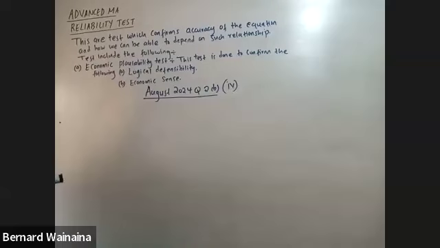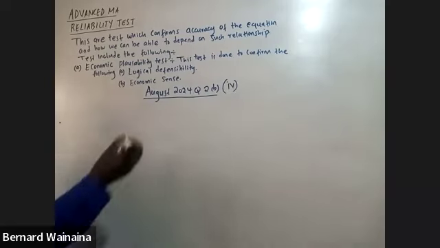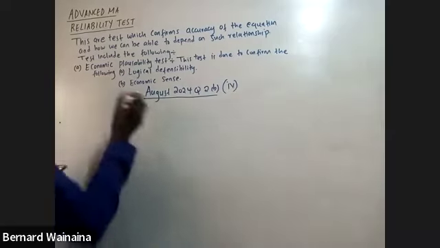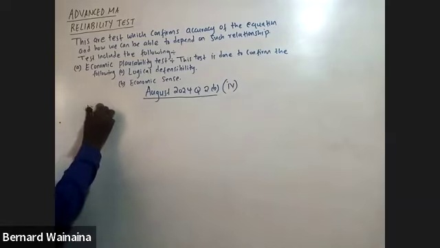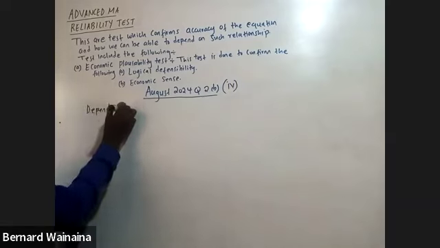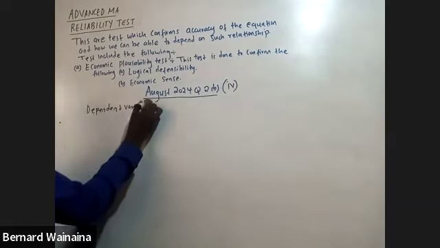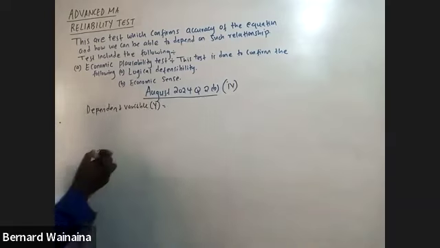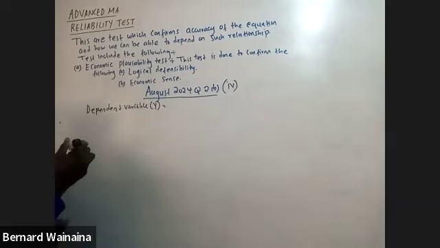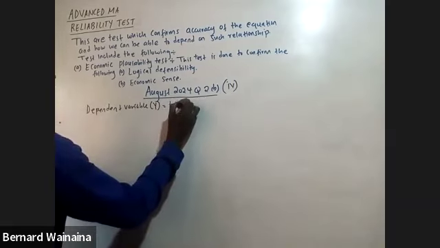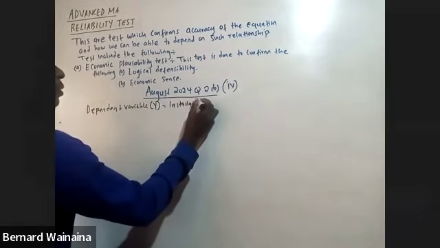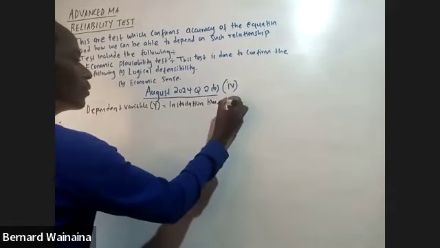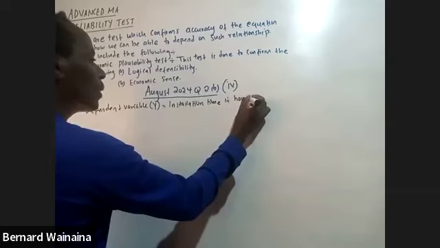To estimate the service cost, Plasma Electronic Limited wishes to predict the installation time in hours, that is the dependent variable. They have been kind enough to tell us, though in some questions you have to work it out. So the dependent variable is installation time in hours.